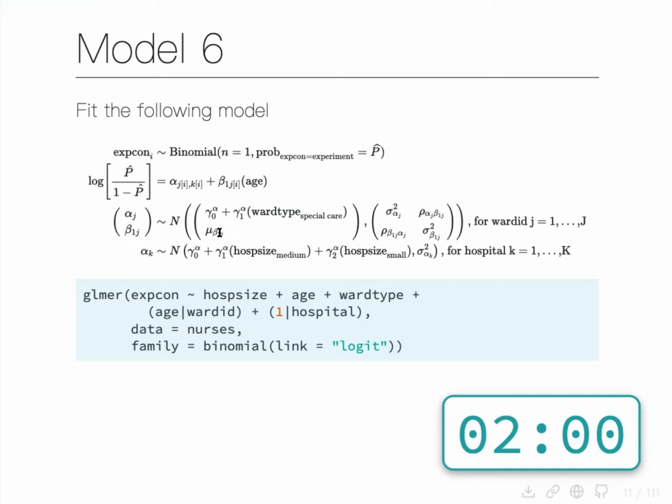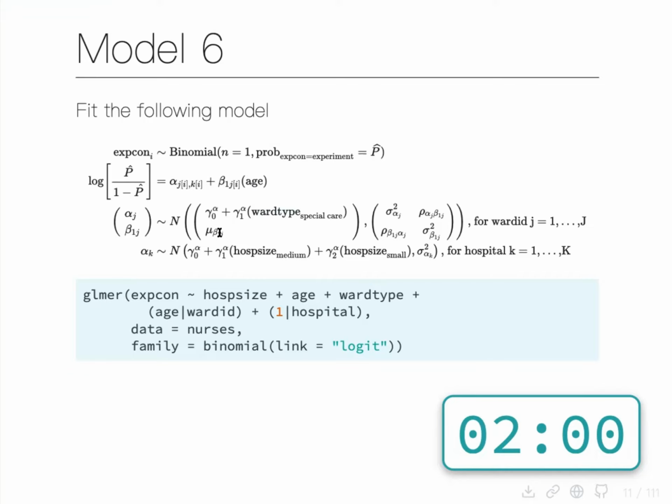And so the equation, I think of it more conceptually, like we're thinking about something at the ward level predicting the slope at the nurse level. So theoretically, we think in this case that age might relate to the probability of being in the experimental condition, right? And then we're saying whatever that effect of age is, it's going to depend on ward type, because maybe, for example, in this special care ward type, everybody is really young.